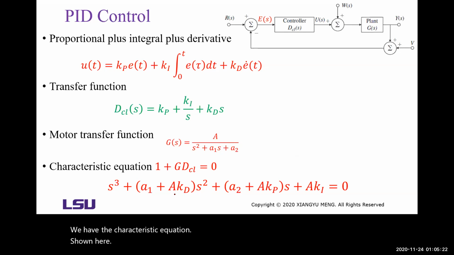Now we see we can adjust the values of Kd, Kp, and Ki to arbitrarily determine the location of the poles. Theoretically speaking, we can arbitrarily place the poles at any locations by choosing unique values of Kd, Kp, and Ki.